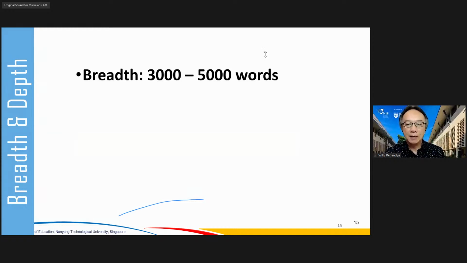Research also tells us that there are two types of vocabulary knowledge. Number one is the number of words that you know, the number of words that our students need to know. For most purposes, 3,000 words for our students, 4,000 words, 5,000 is better.